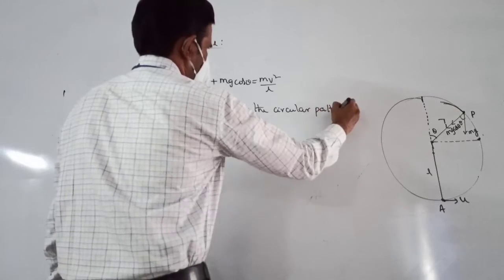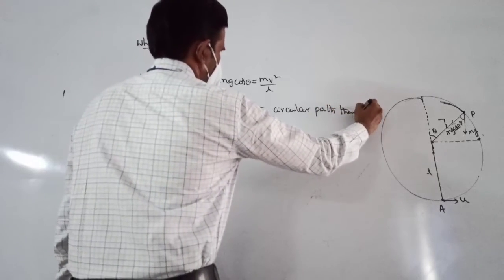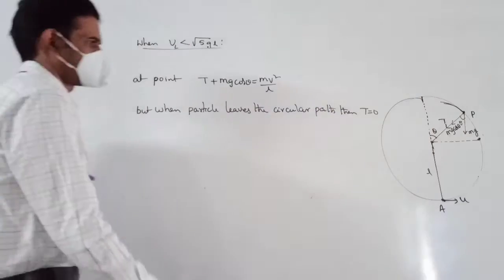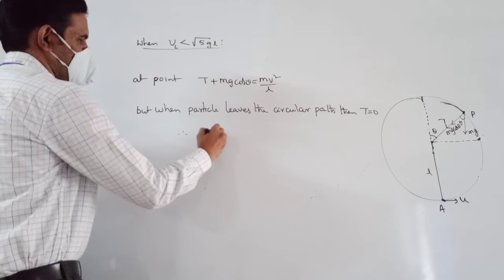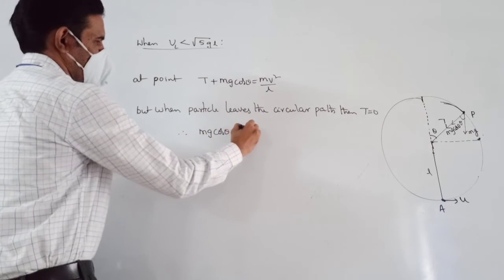Therefore, mg cos theta is equal to mv square by L, or v square is equal to gl cos theta, you can write. Let's say this is our equation 1.